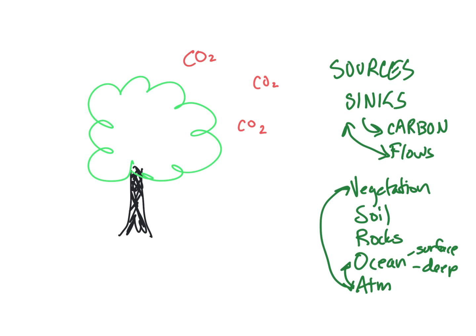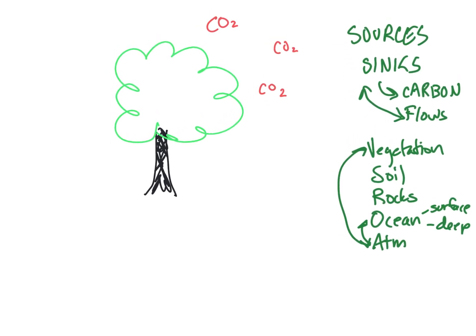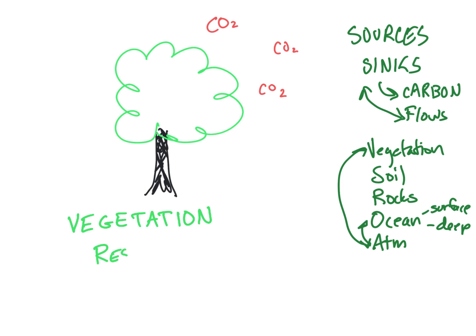So let's run through one example, and you can see that I've drawn a tree here. I'll share some numbers with you that are estimates for vegetation, and we can consider that as a carbon reservoir or a carbon sink, and think about the residence time there. Again, we're making the assumption that this is in equilibrium. So if we want to consider the residence time, the residence time is going to be equal to the volume divided by the flow.